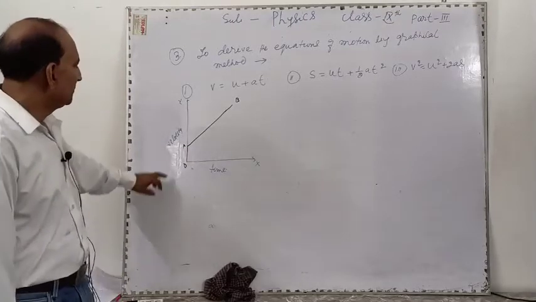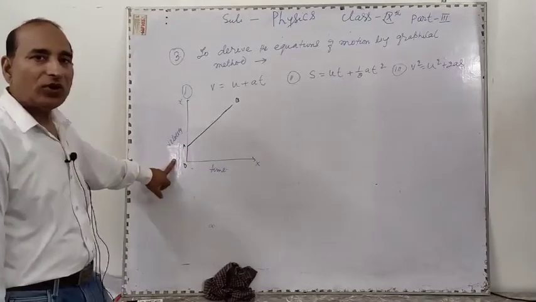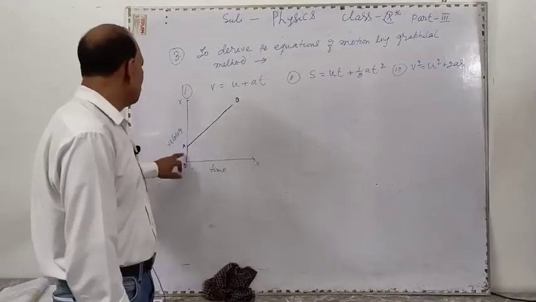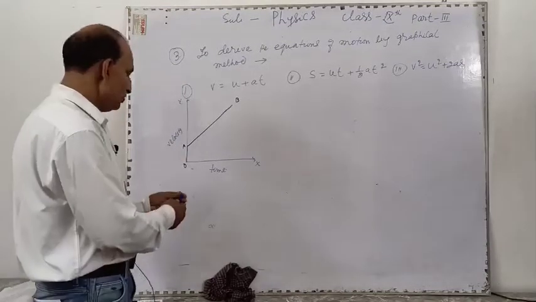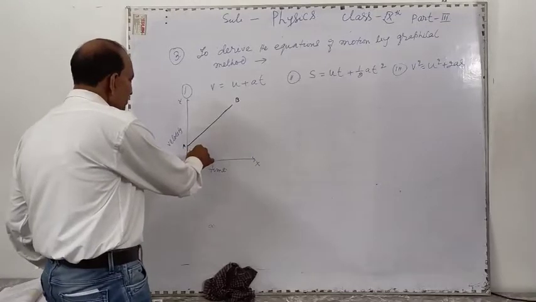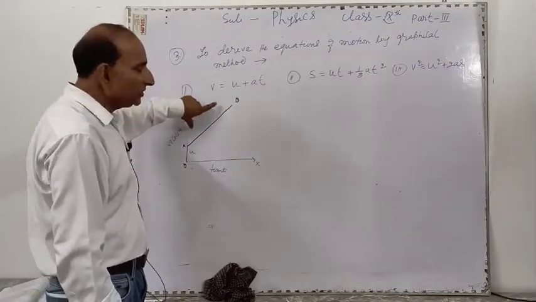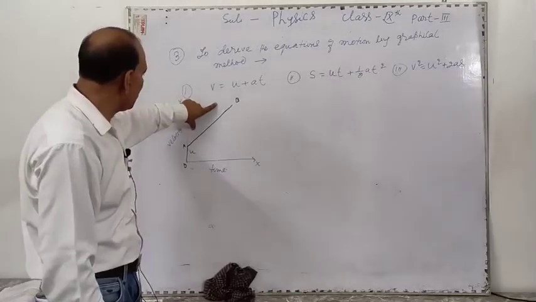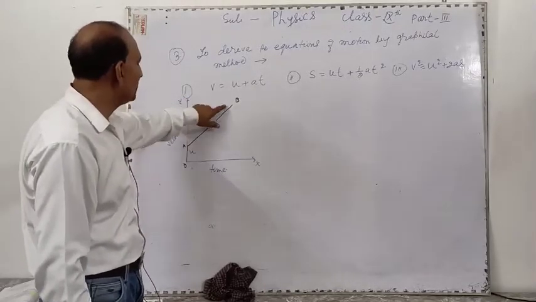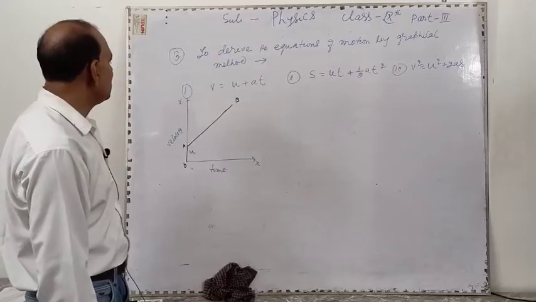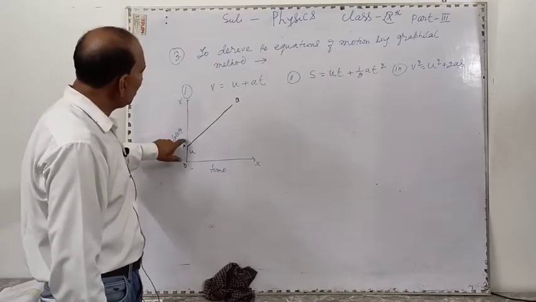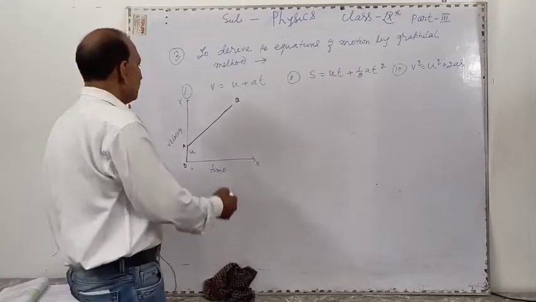Suppose a moving object has initial velocity u, which is at A, and then the object is accelerating from A to B.